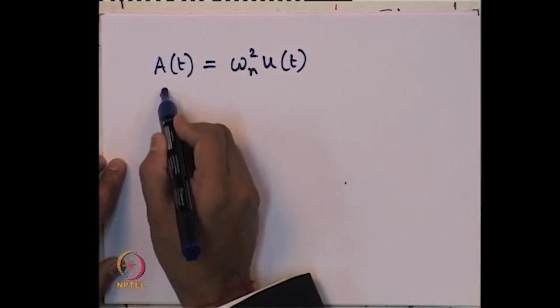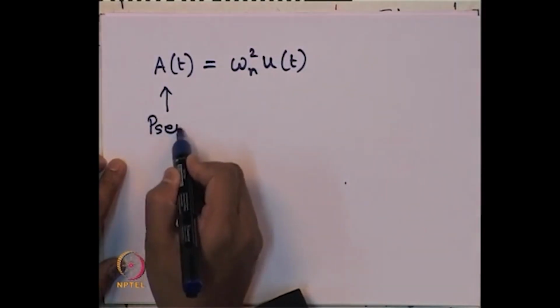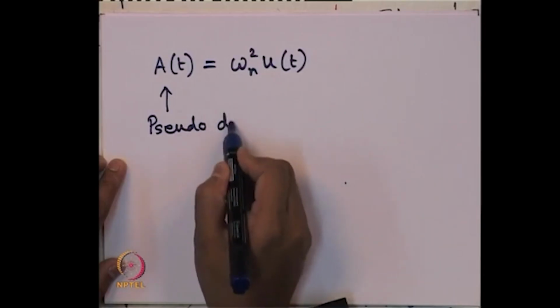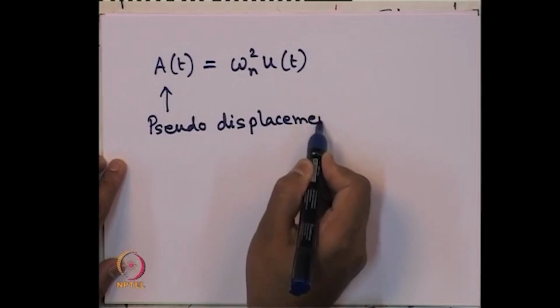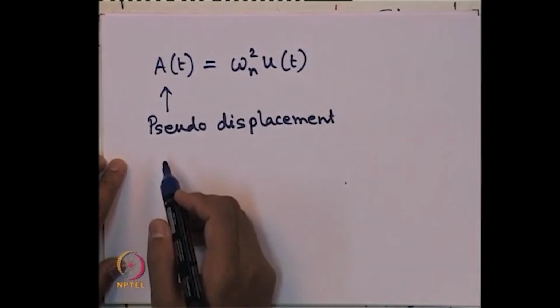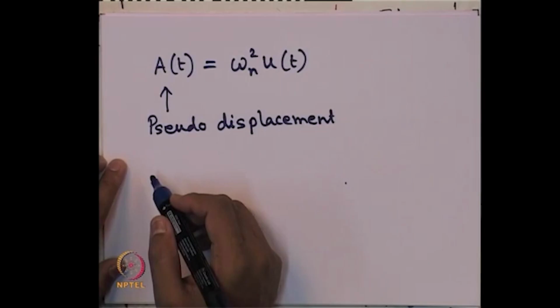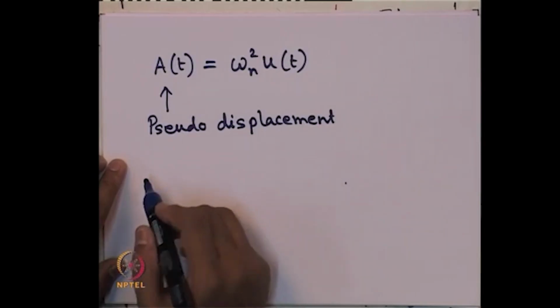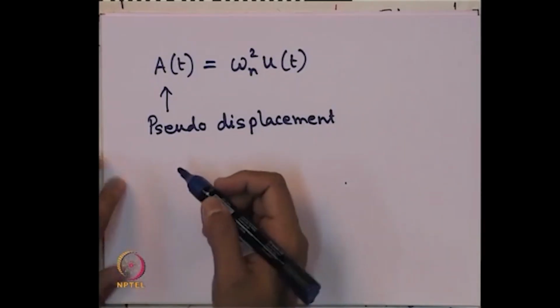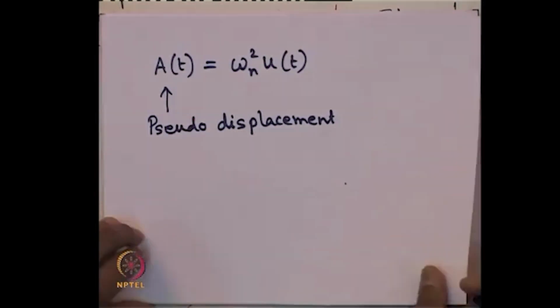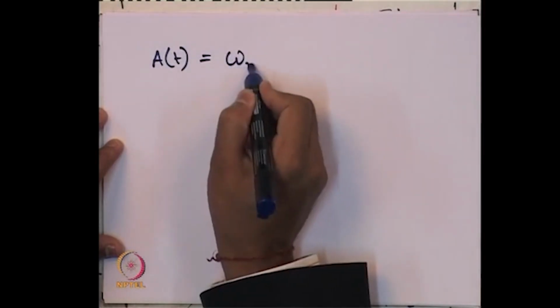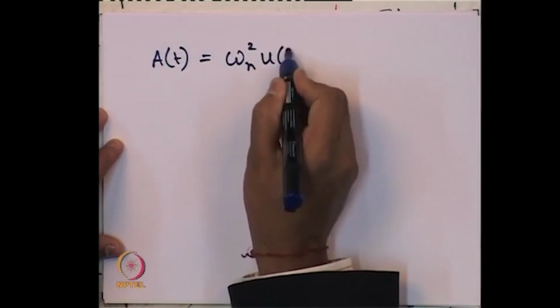So, this a of t is known as pseudo acceleration. So, a of t can be written as omega n square u of t.